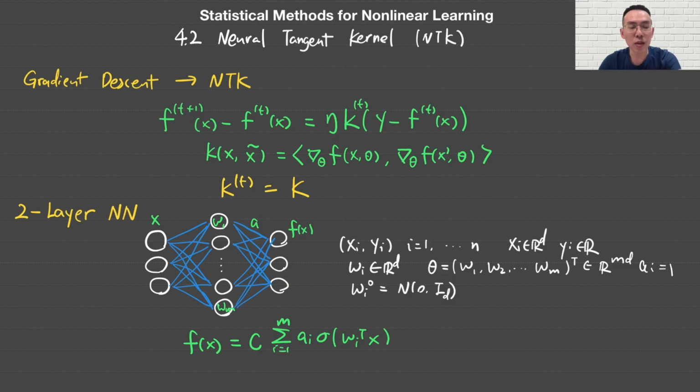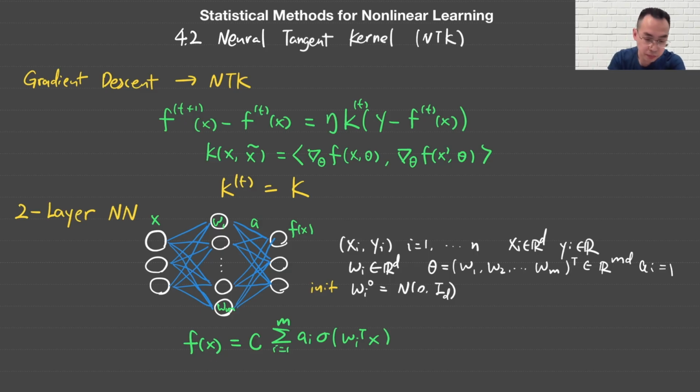For a neural network, the typical setting is that we randomly initialize the weights, so we sample the wi from a standard Gaussian distribution. This is the initialization. But one problem here is that if we initialize the weights this way, the scale of f(x) may not match the scale of y.